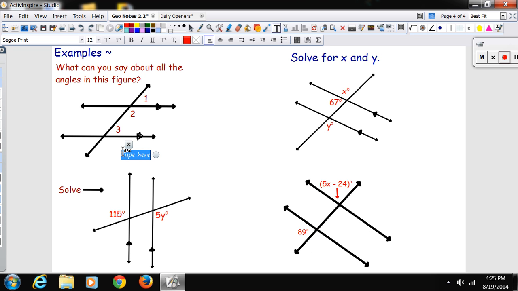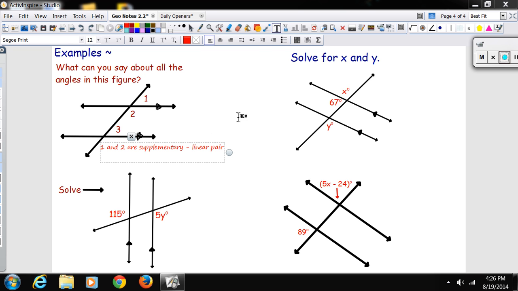So 1 and 2 are supplementary because they're a linear pair. Okay, so that's one thing we could write down. Second thing we could write down.